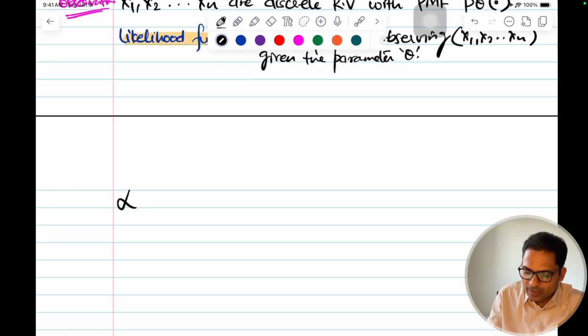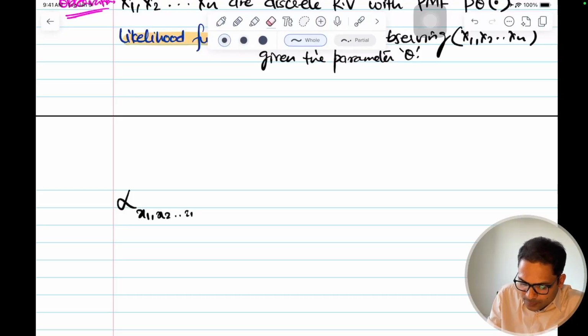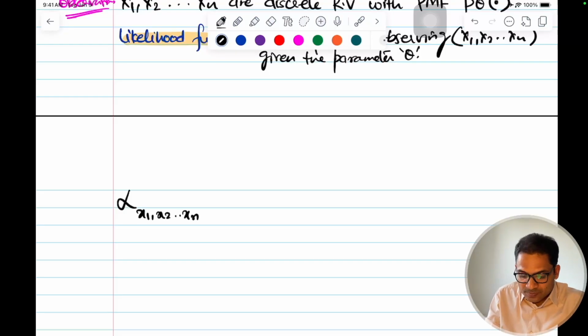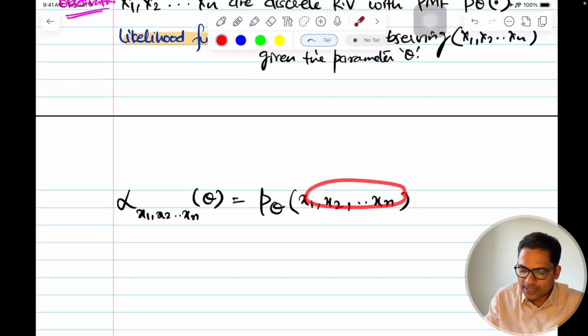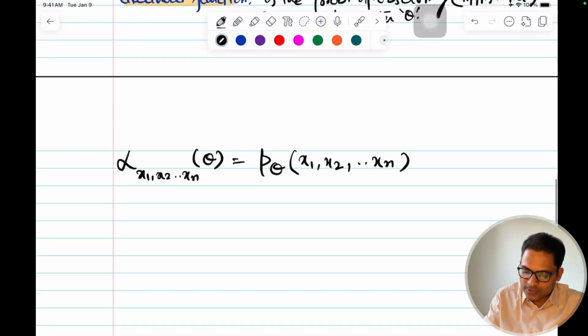So L of x1, x2, ..., xn, the likelihood of seeing the data given the parameter theta, is the probability of seeing all this data given the parameter theta. Now this can be written as a product.